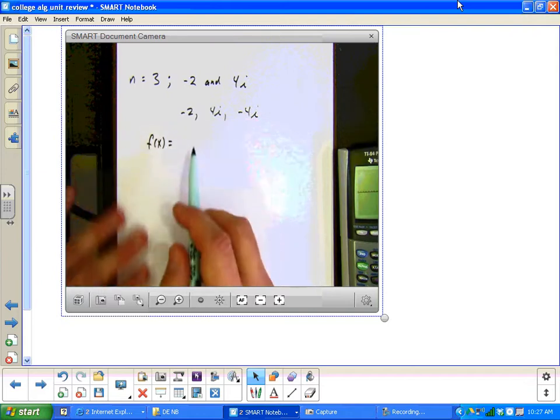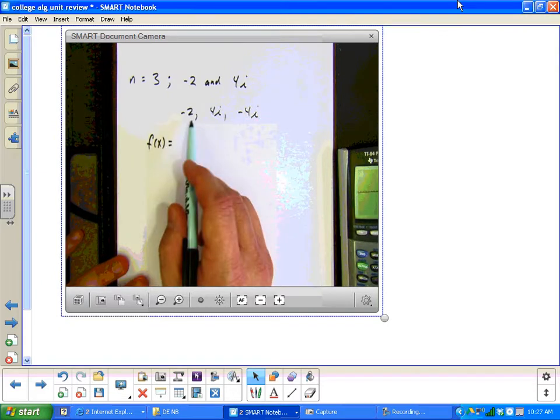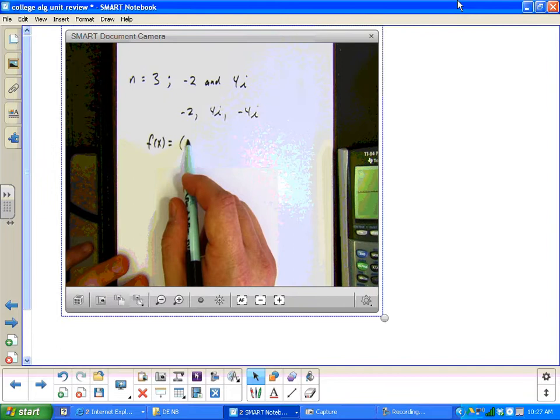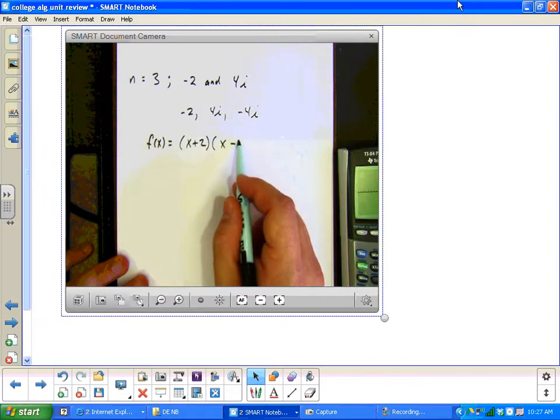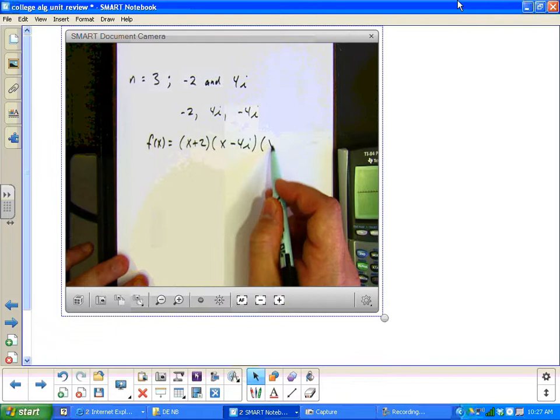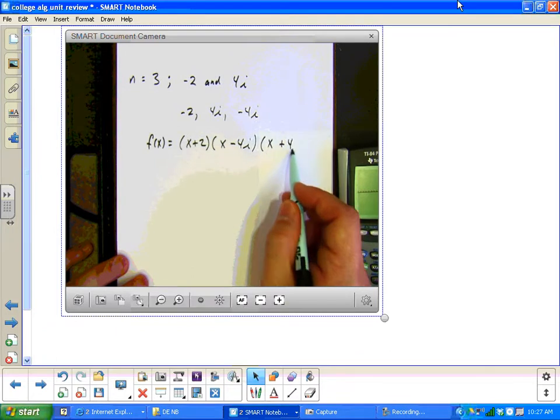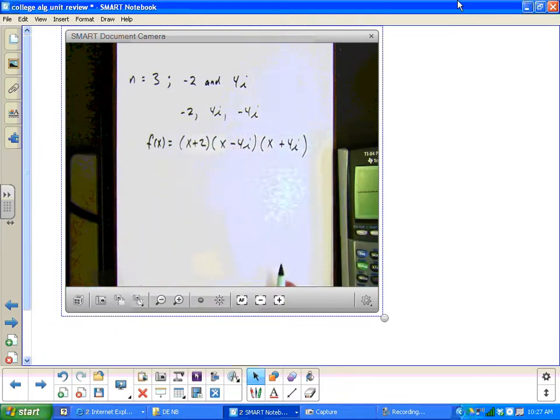So let's look at the factors that would give me that. X plus 2. Okay. X minus 4i, and then x plus 4i. Now when we multiply it out, that just tells you the degree of the polynomial.